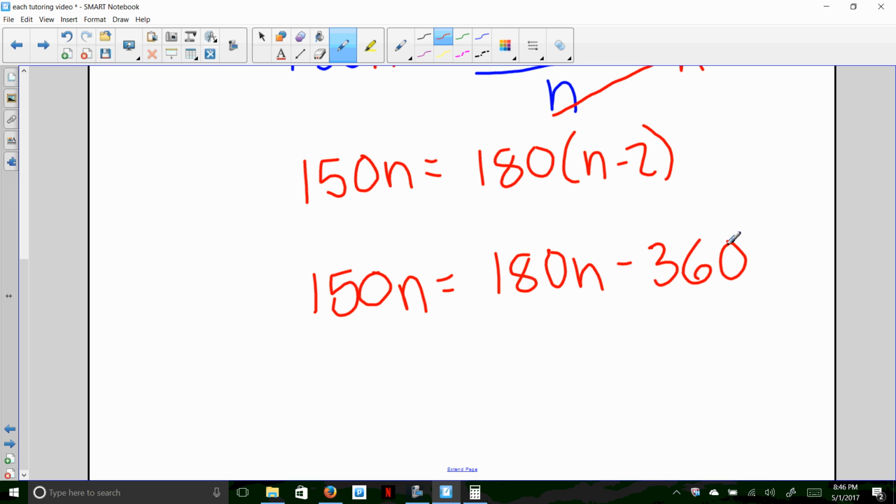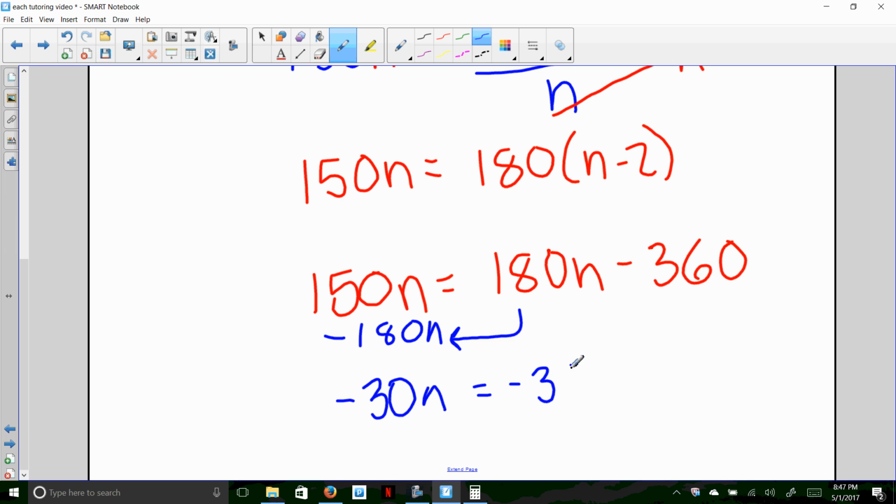When I get here, I'm actually not going to move the 150. I'm going to move this over, and doing this will get me the fewest amount of steps. So if I subtract 180n, because I have to do its opposite, I get negative 30n equals negative 360.